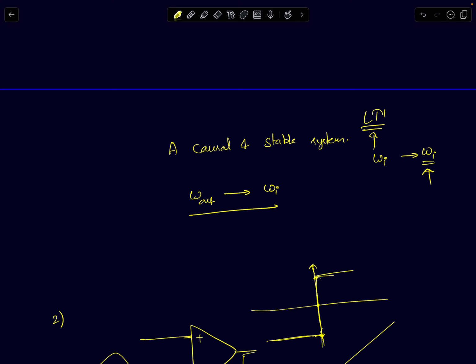Instead of saying an LTI system, I'd probably say a causal and stable LTI system. In fact, I should probably say a stable LTI system. For a stable LTI system, if I apply a sinusoid of frequency omega I, then this condition holds true. Your output will contain only the input frequency.